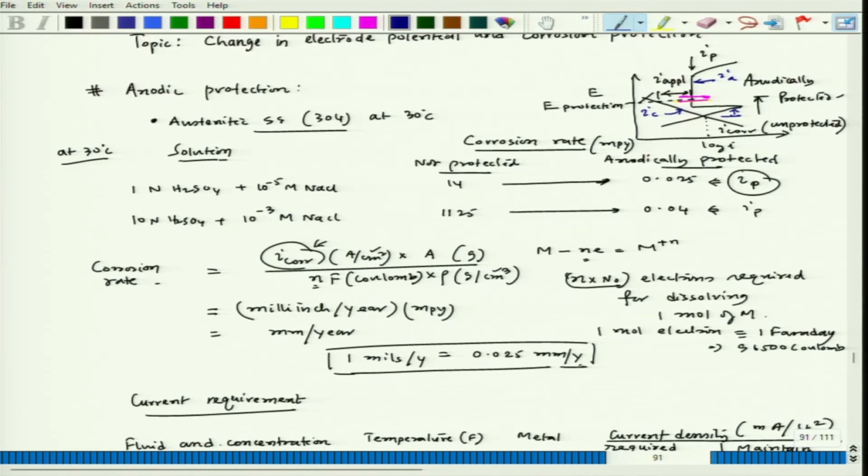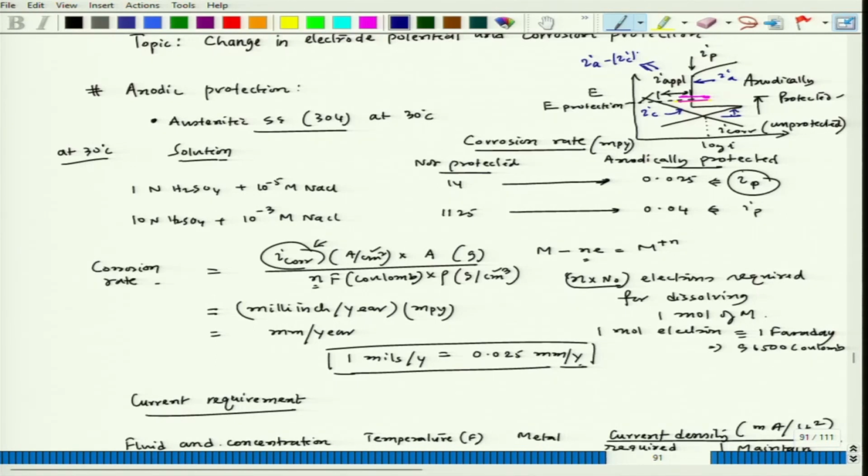So, I applied would be equal to IA minus IC, and since IC has a negative sign, we take it as a mod, only magnitude we are considering.